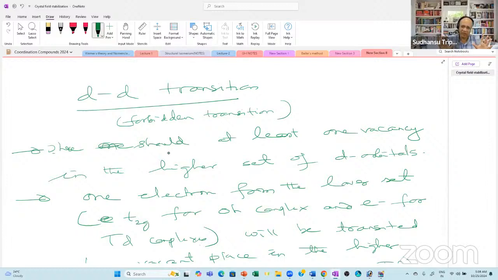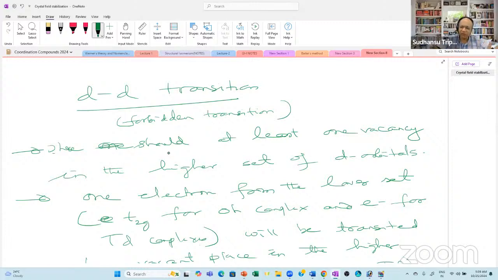I will tell you because any transition which involves a change of azimuthal quantum number, delta L plus minus 1, like P to D or D to P, S to P or P to S, that is allowed. That is called Laporte allowed transition.